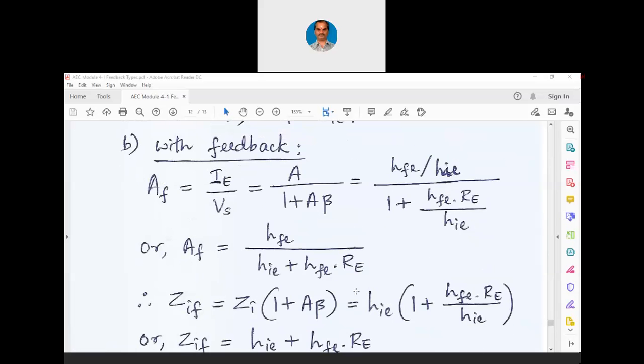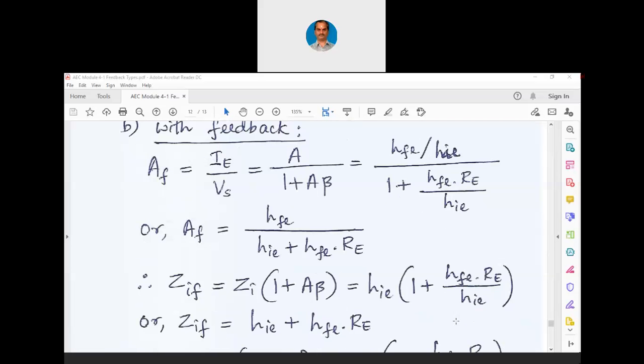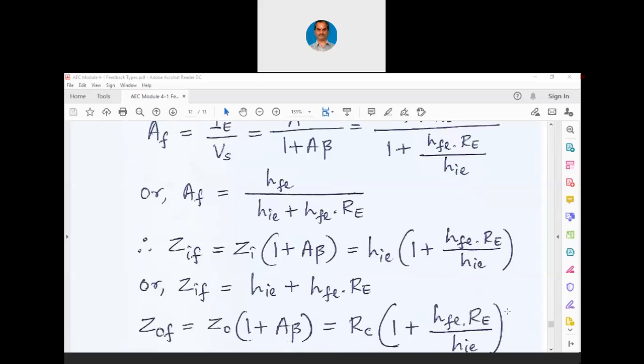So the input impedance is nothing but ZI into 1 plus A beta, and we can substitute. ZI is already HIE. For 1 plus A beta we can substitute. This is now input impedance with feedback, or we can write ZIF is equal to HIE plus HFE into RE, because anyhow this HIE is going to be cancelled out.